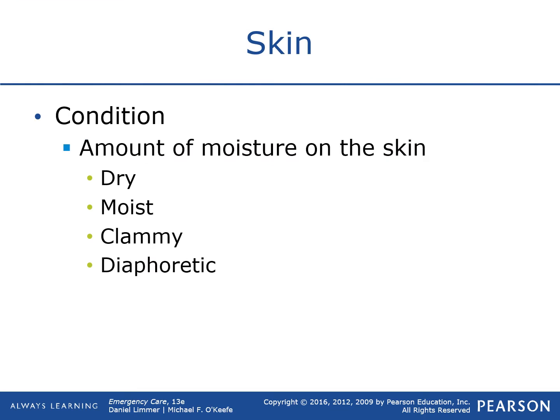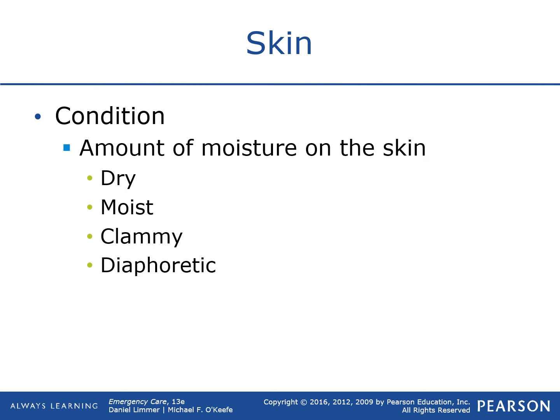Moving into the skin condition. When we're measuring the skin condition, we're really measuring how much moisture is on the skin. So the different findings that you might have are dry, moist, clammy, or diaphoretic. Diaphoretic means excessively wet. That is someone who is pouring sweat out.